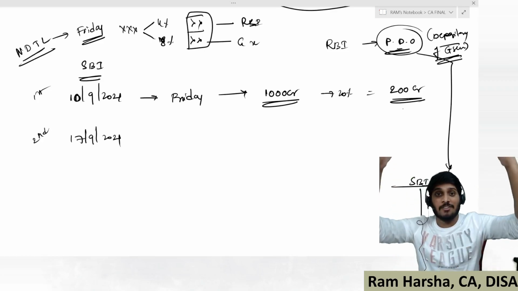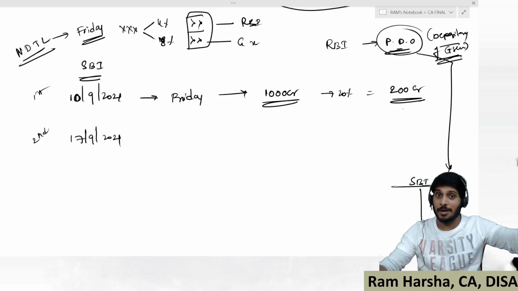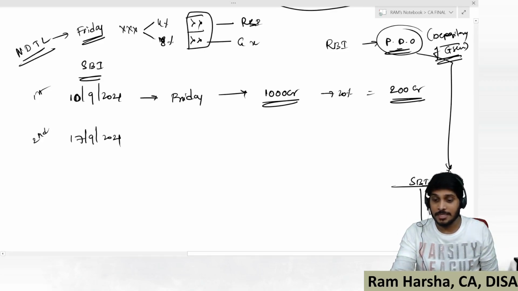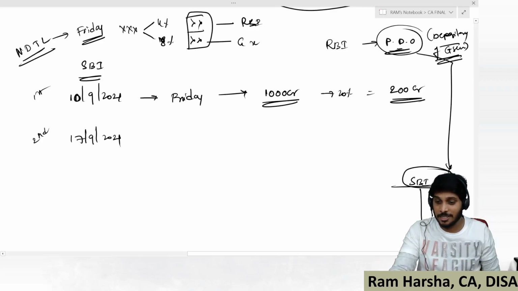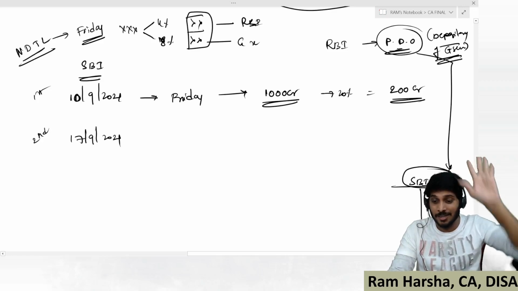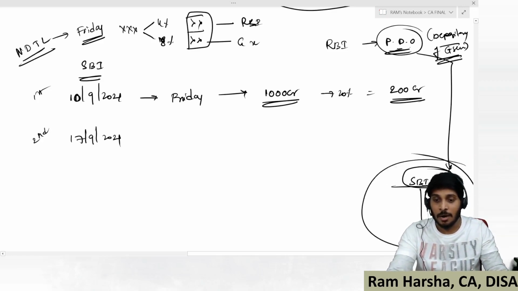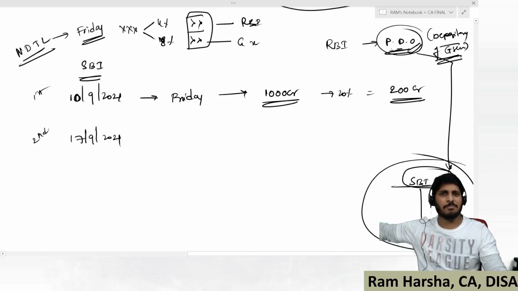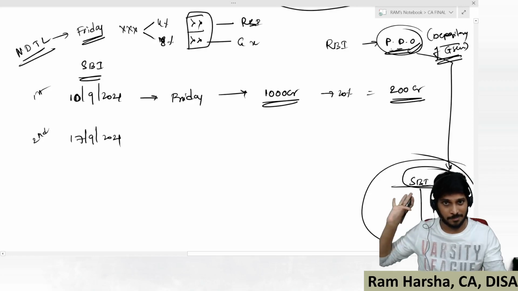By purchasing government securities. From whom? RBI. How will this be accounted? In the State Bank of India subsidiary general ledger, 200 crore worth of securities will be credited. Who will maintain this ledger? The public debt office will maintain it. Public debt office is a department of RBI, independent.